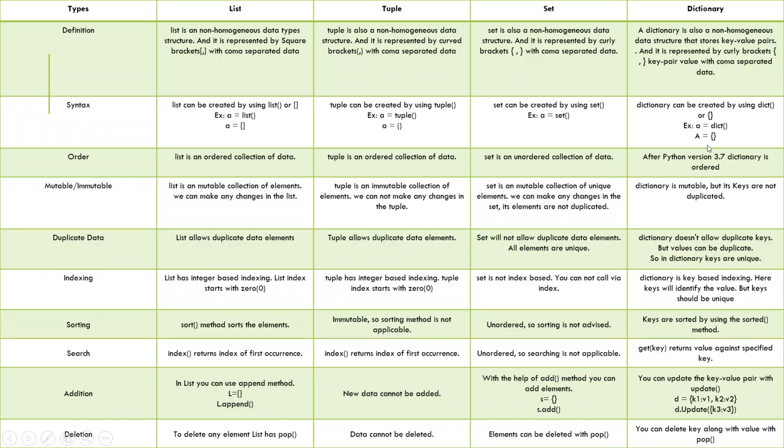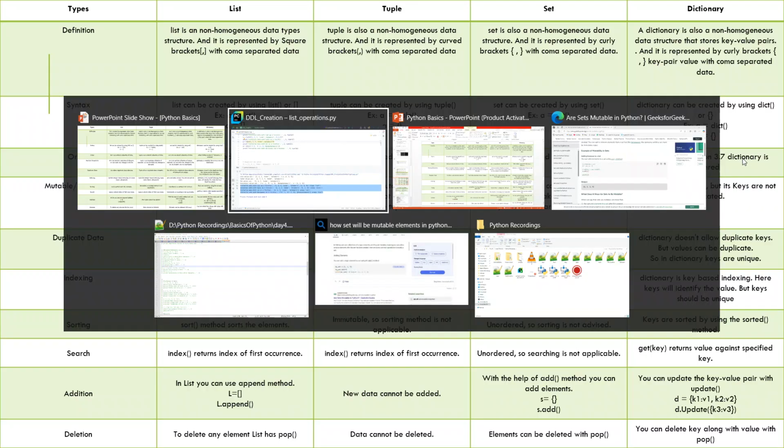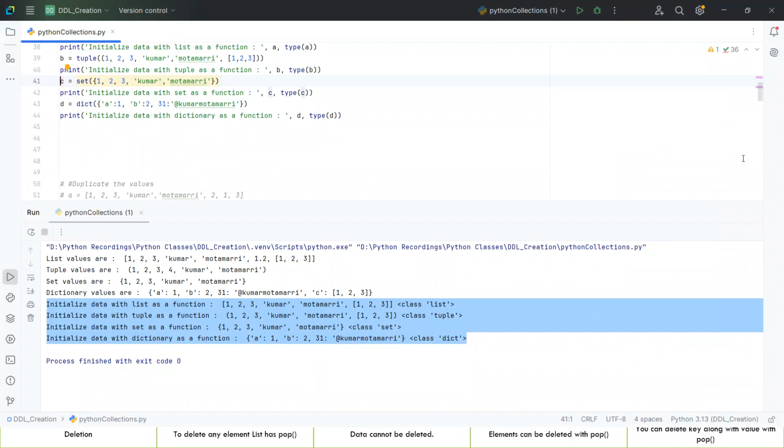Dictionary, before 3.7, was also unordered, but after 3.7 dictionary is also an ordered collection of data. We will see the example here.